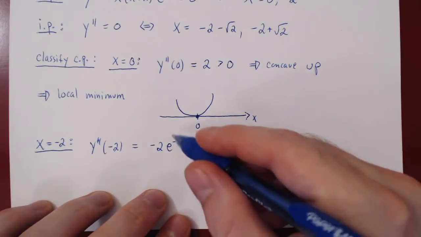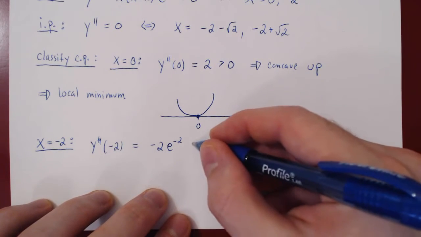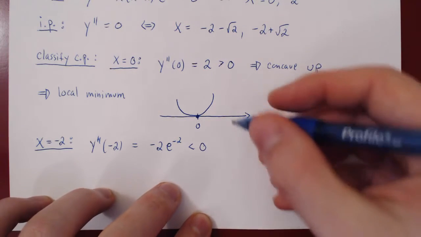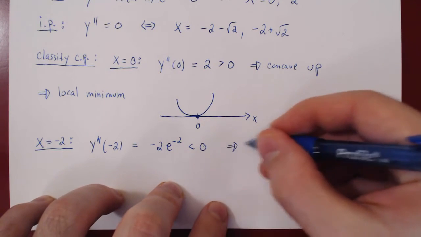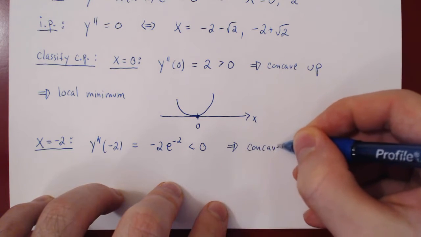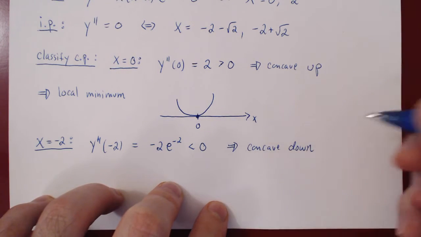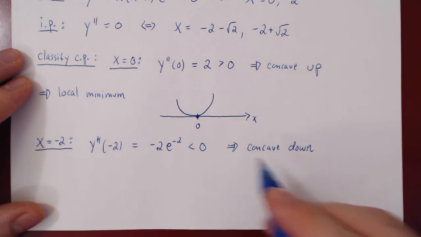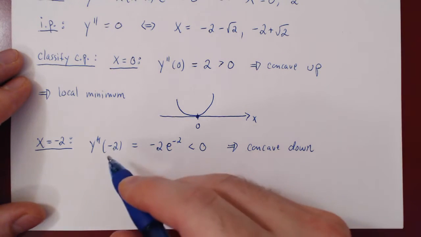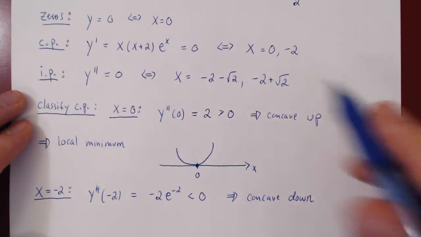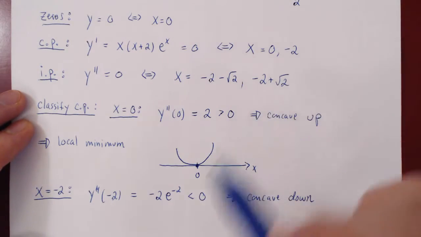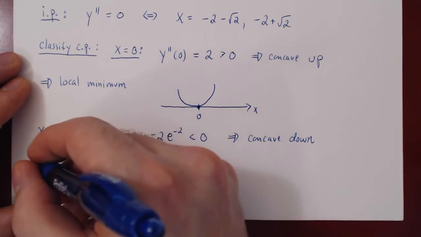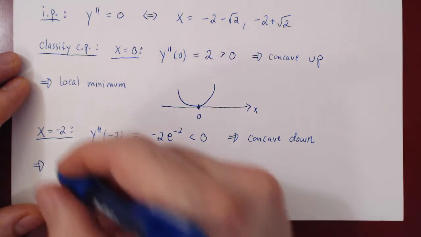Well, e to the negative 2 is positive, this is negative, so the whole thing is negative. Therefore, the curve is concave down at x equals negative 2. But if the curve is concave down, and at negative 2 we know that the derivative is equal to 0, so the curve will be flat and concave down at that point, so we have to have a local maximum.